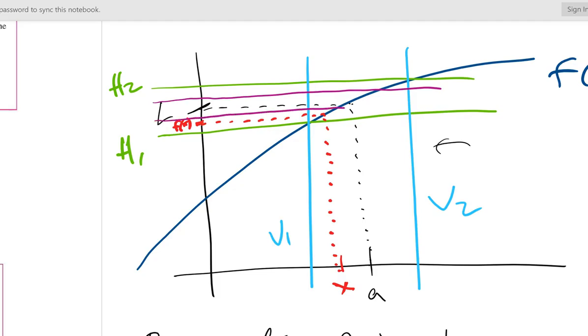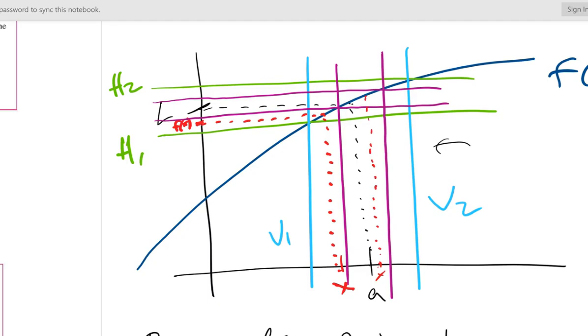I'm getting really, really close to L. Then there are two corresponding vertical lines around a, such that if you pick a value in between them, f of x will land between the horizontal lines around L. Once again, I picked two horizontal lines, and they correspond to vertical lines, such that any value you pick between the vertical lines, the function value will land between the horizontal lines.